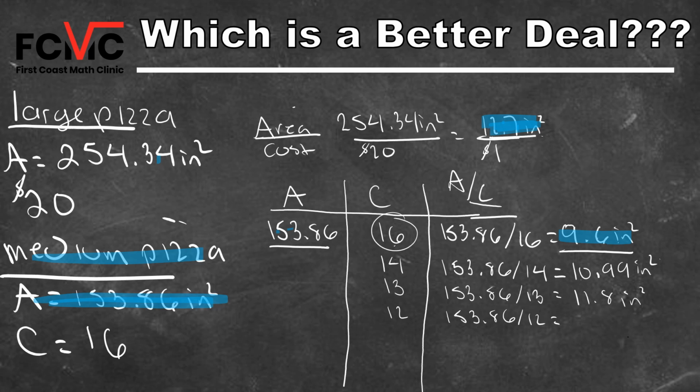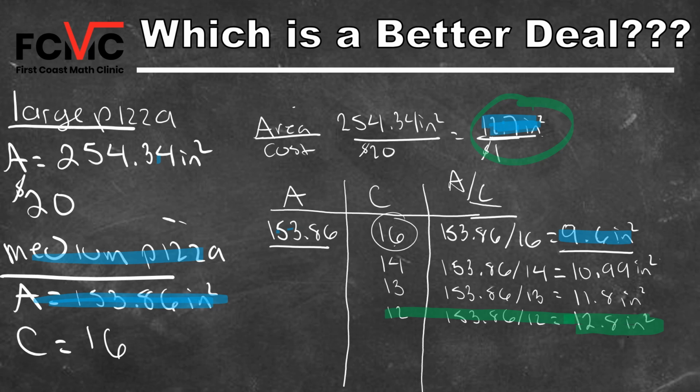We're going to get 12.8 inches squared. So at this point, we realize that the amount of pizza we're getting here is more than the amount of pizza we're getting for the large pizza per dollar. Okay, so at $12, the medium pizza becomes a better deal than the large pizza.